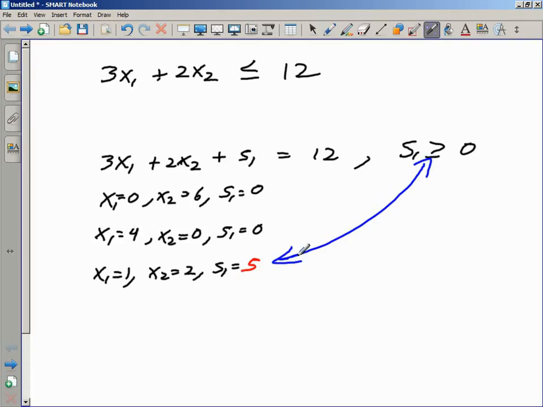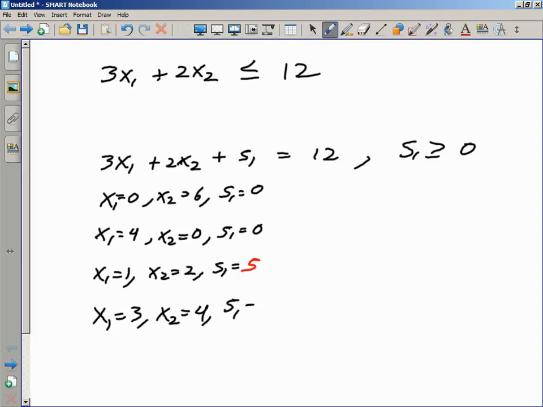Okay, let's pick another problem, just real quick. Let's suppose that x1 is equal to 3 and x2 is equal to 4. So what does s1 have to be equal to? It's going to be 9 plus 8, which is 17. It's going to be equal to negative 5.